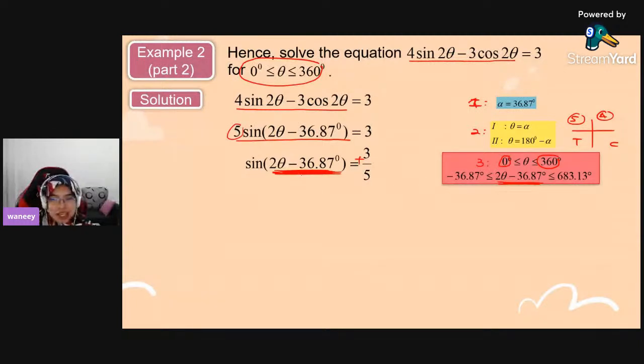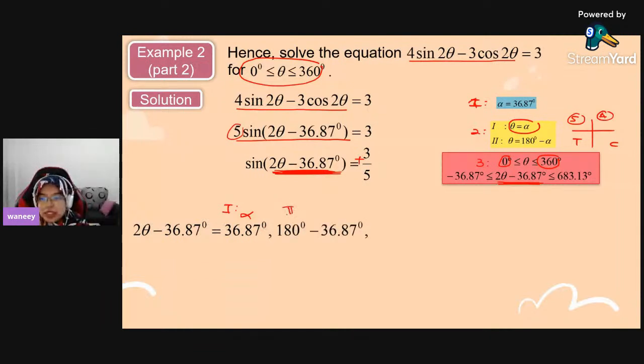So 2 theta minus 36.87 is equal to, we're going to write down the first answer where we have our alpha straight away. This is alpha, the first quadrant and the first rotation: 36.87. Then we get our answer from the second quadrant, where we have 180 minus alpha. Then we proceed to another solution because we need to go as far as 600.